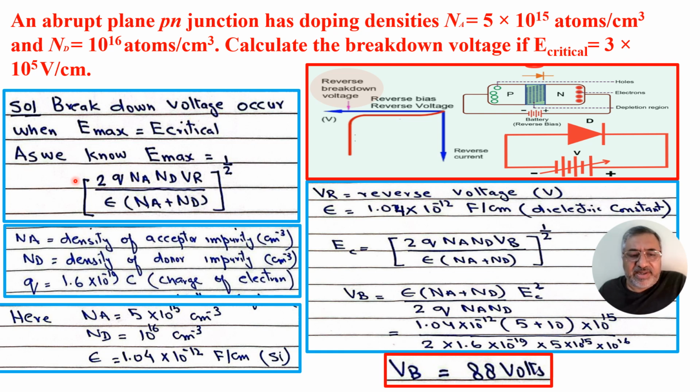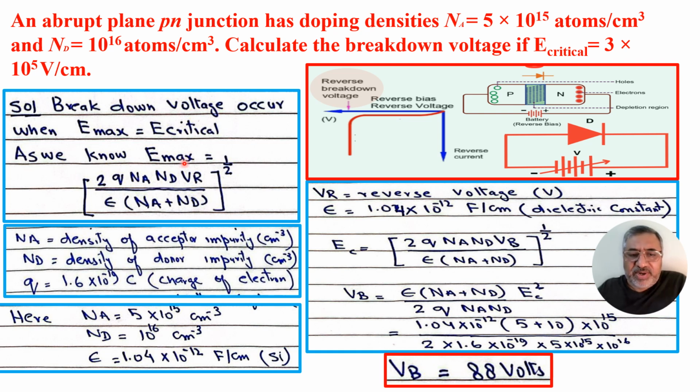Now we use standard silicon, so in our case epsilon is equal to 1.04 × 10^-12 farad per centimeter, and Na and Nd are given here.